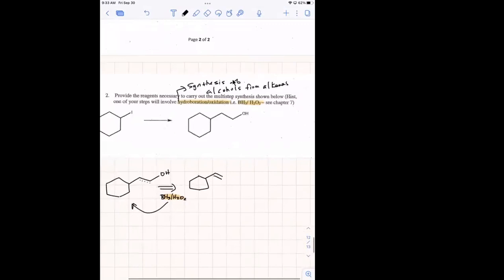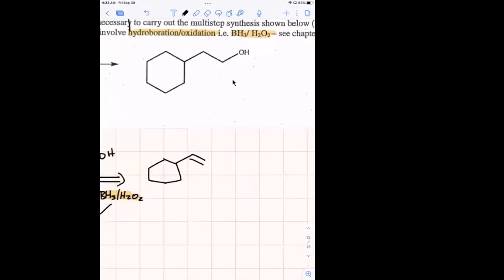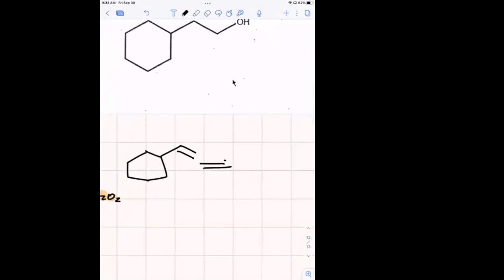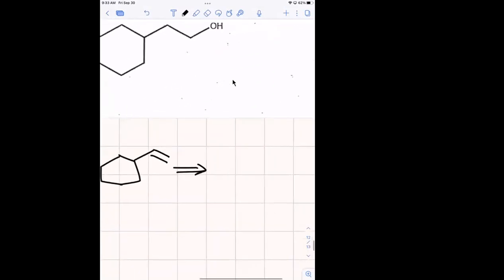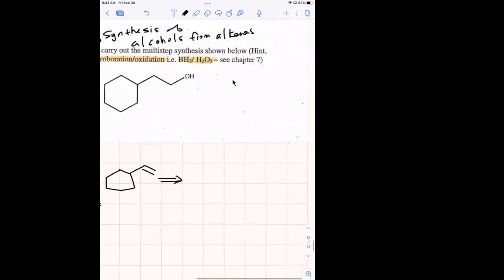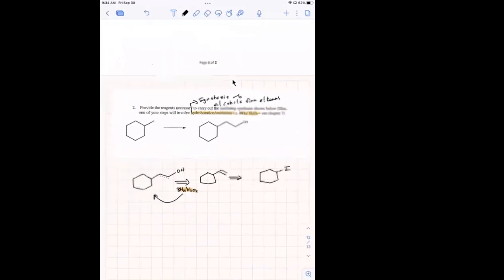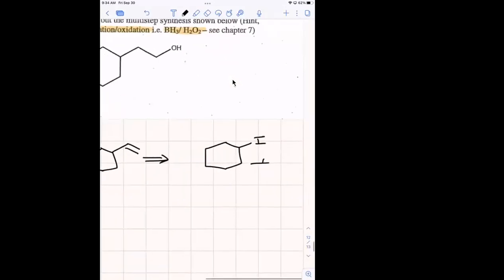If I take that alkene plus BH3 and hydrogen peroxide, I'm going to get this alcohol in the product. Now the precursor to this product is this, plus something.